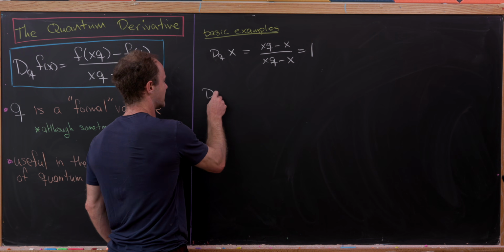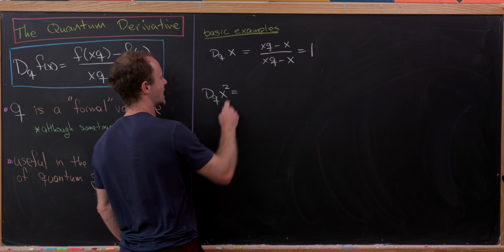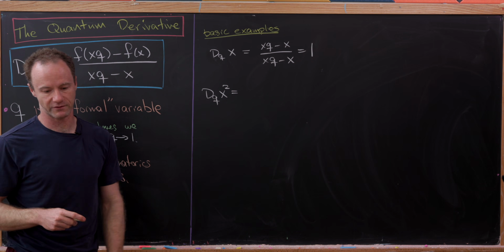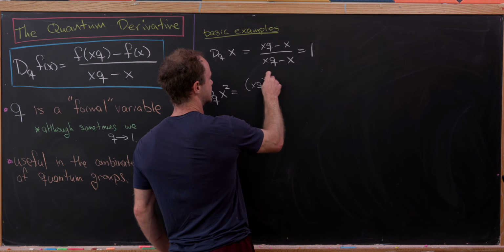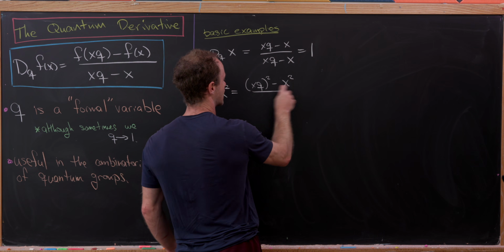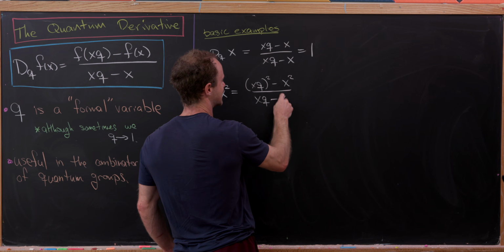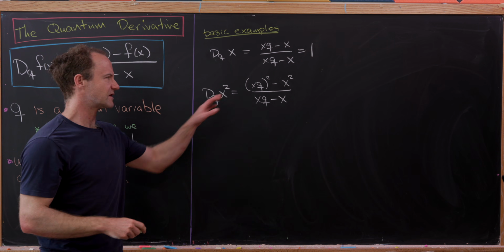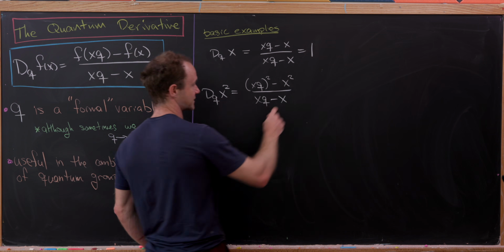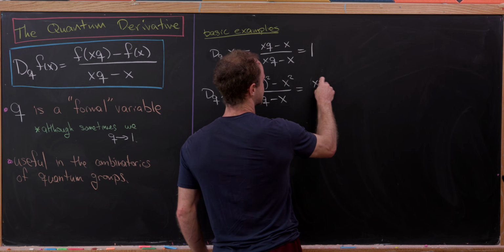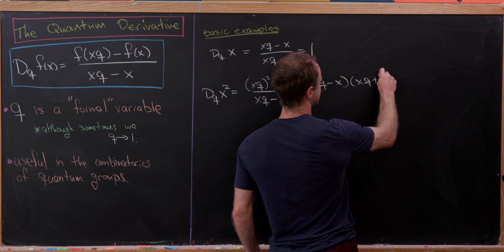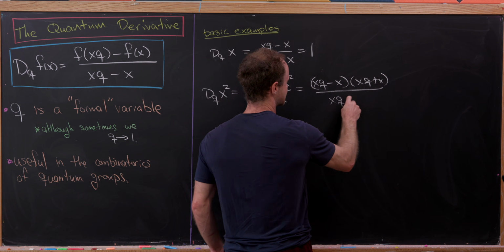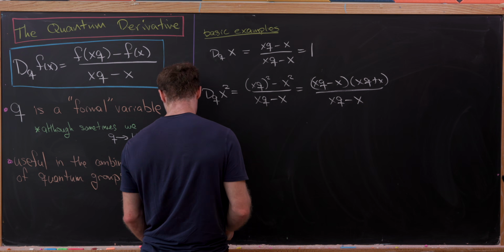Now let's take the derivative of x squared. I should say the quantum derivative of x squared. So that'll give us x times q squared minus x squared over xq minus x. But now we can factor that numerator like a difference of squares, and that'll give us xq minus x times xq plus x. And then we still have this denominator, xq minus x.